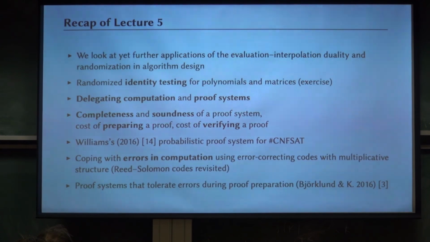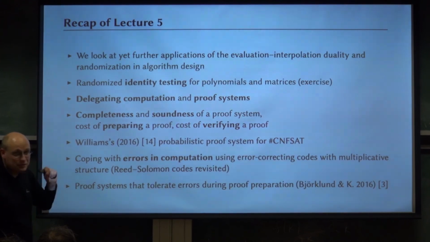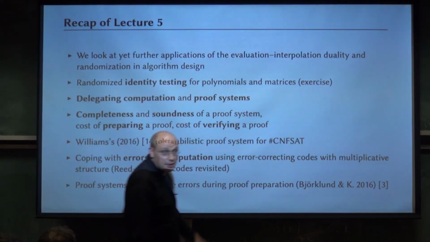So that's basically it if we want to wrap up. What we looked at now is trying to deal with errors in computation that happen silently and don't announce themselves, through proof systems, where we are also paying attention to the act of preparing the proof and the cost of verifying it.